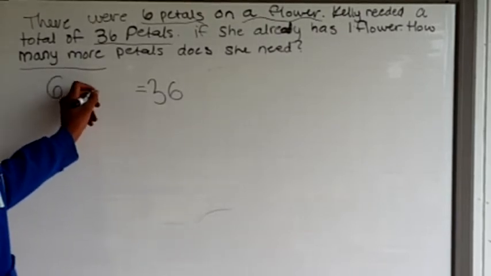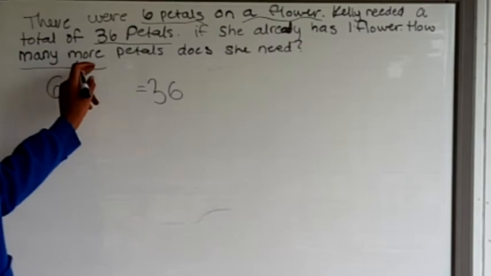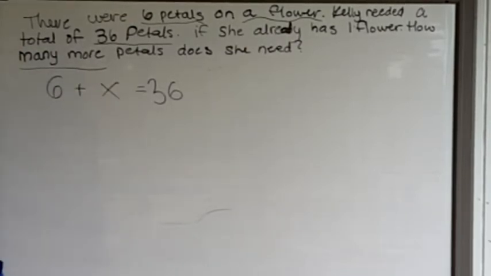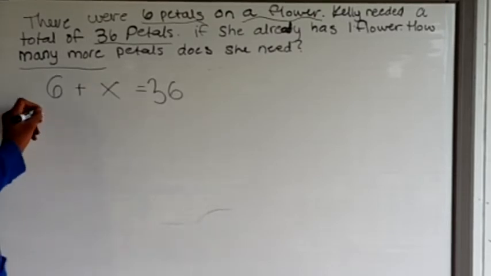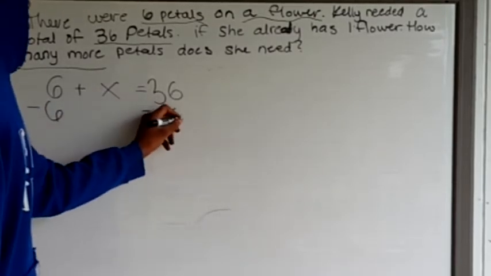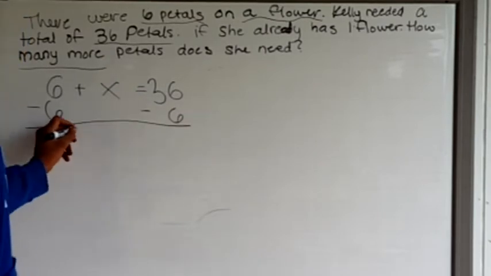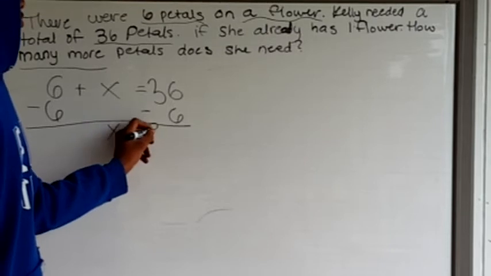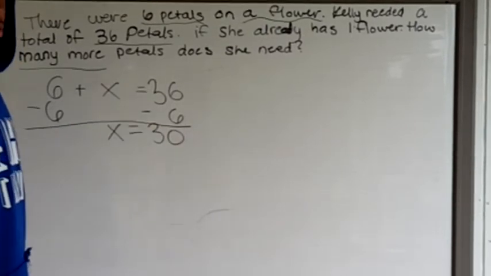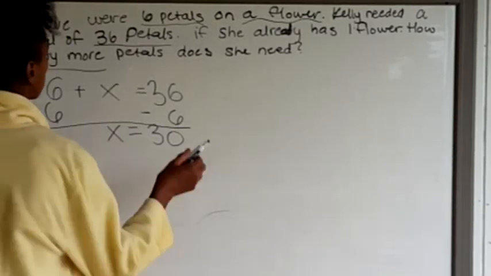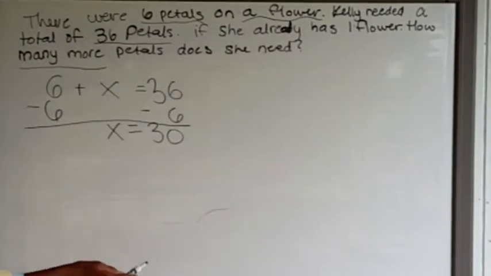Where are you pulling your plus from? X minus 6. I should have done how many flowers does she need. That's what I wanted to do. I thought you were going to do that. All right, so that's correct. There are 6 petals on each flower.